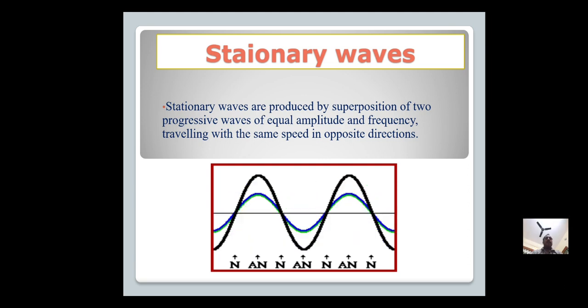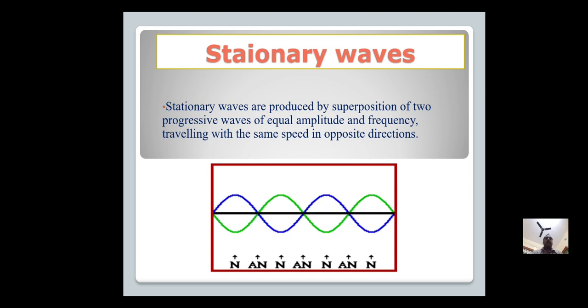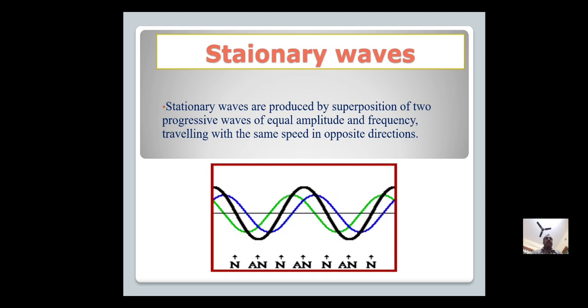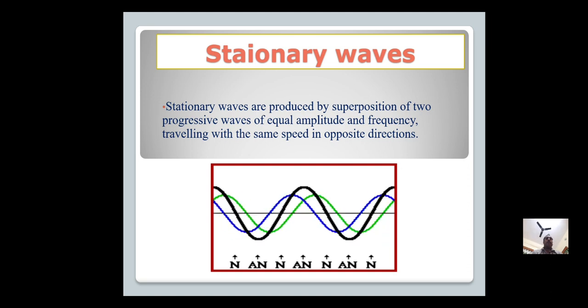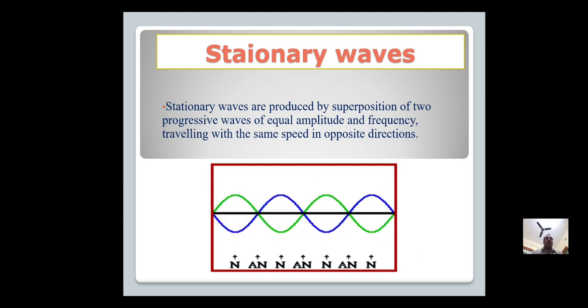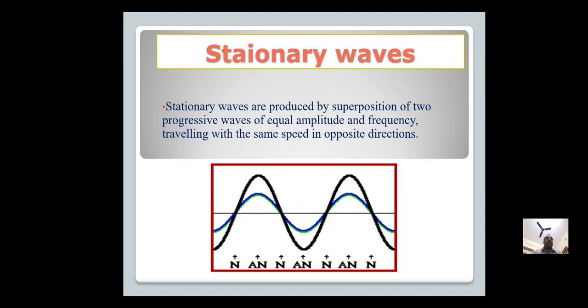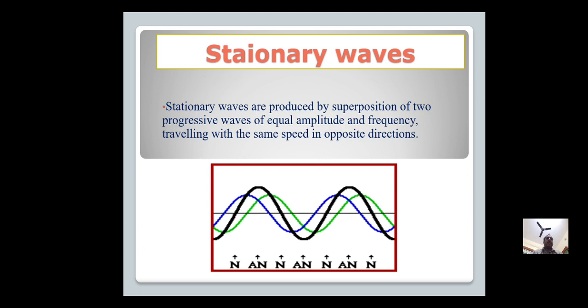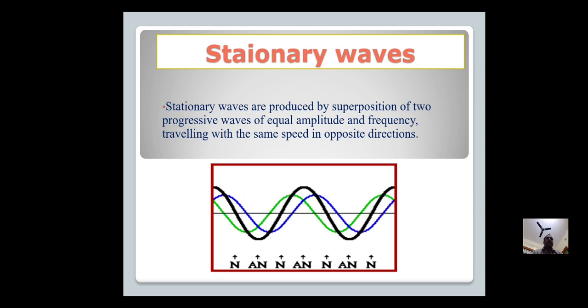Stationary waves are produced by superposition of two waves of equal amplitude and frequency traveling with the same speed in opposite directions. As shown in the figure below, two waves represented by green and blue lines travel in opposite directions. Their superposition, shown by the black line, gives the resultant stationary wave.